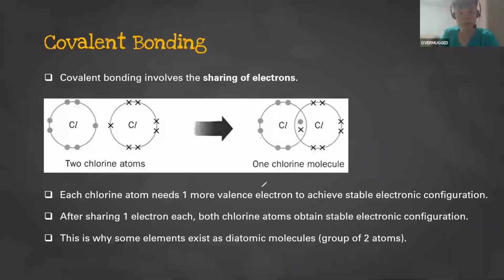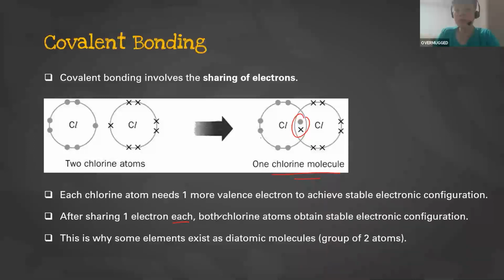Let's say I want to form a chlorine molecule, two chlorine atoms, one atom, the second atom. Each of these chlorine atoms needs one more valence electron to achieve stable electronic configuration. After sharing one electron each, both chlorine atoms will be able to attain stable electronic configuration.